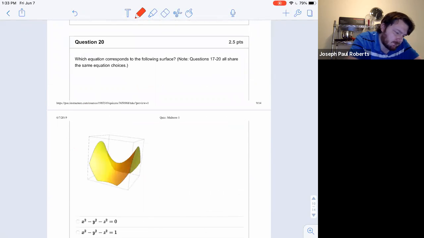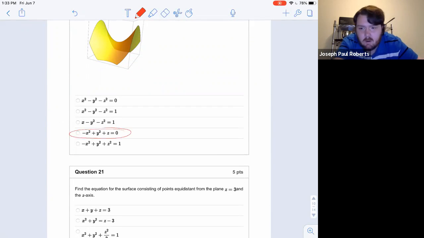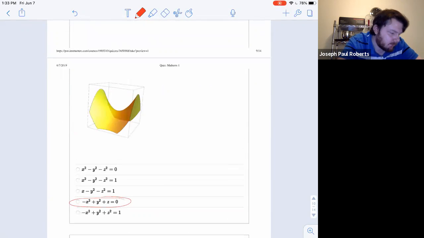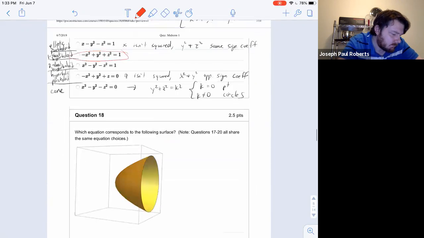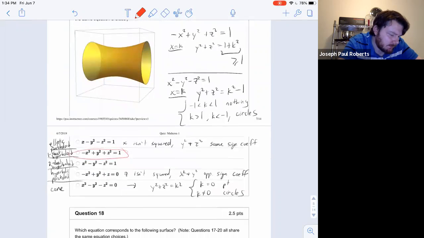And then this is our hyperbolic paraboloid, where z isn't squared, and x squared and y squared have opposite sign coefficients. So anyway, that's how you do those. I guess I can write here, this is always circles.